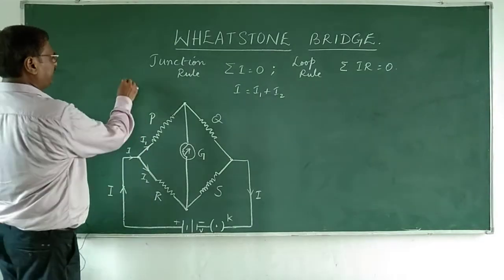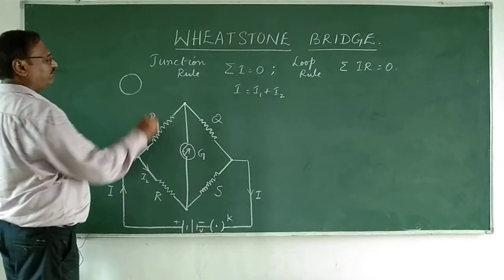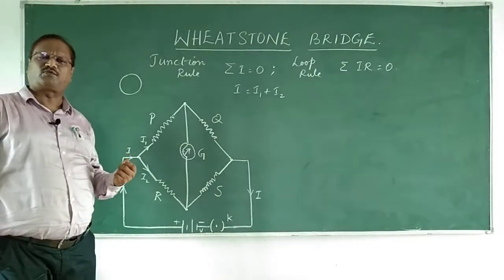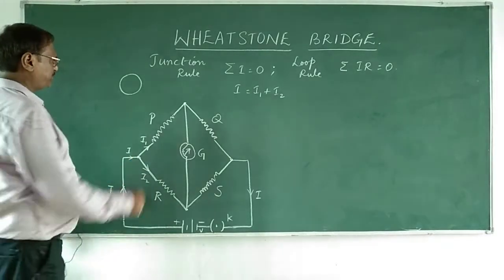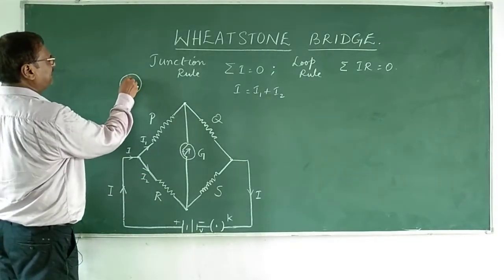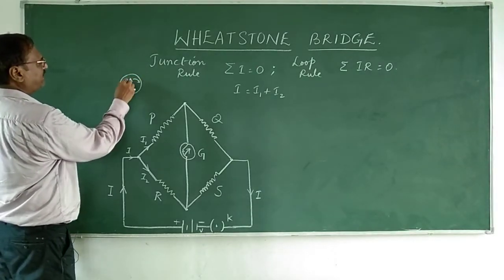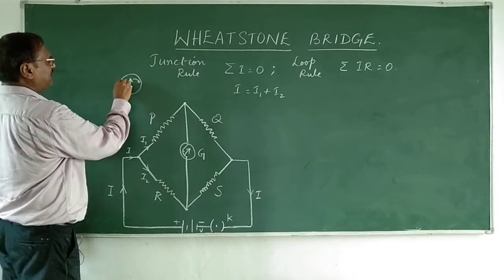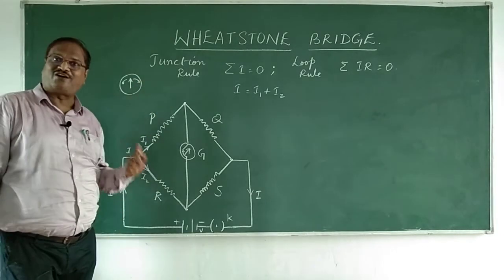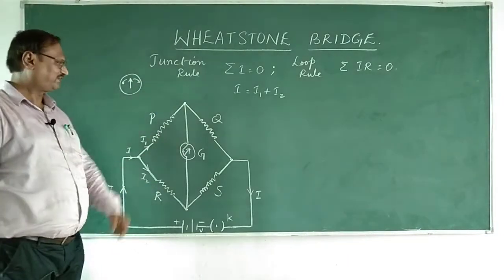A galvanometer is an instrument which measures small amounts of current, in milliampere. It has a central scale and a central pointer. It deflects either in the right direction or the left direction depending on the direction of the current.